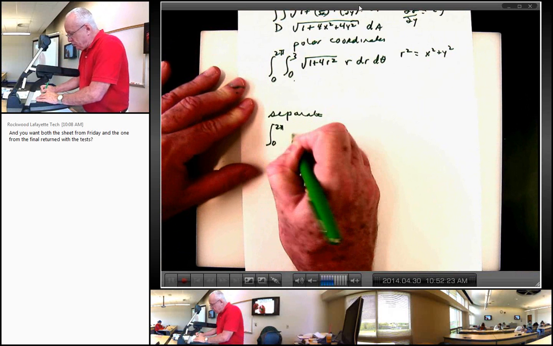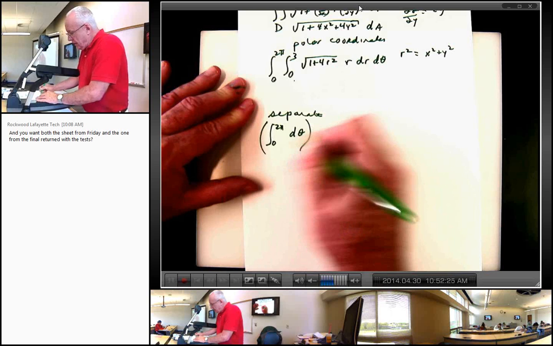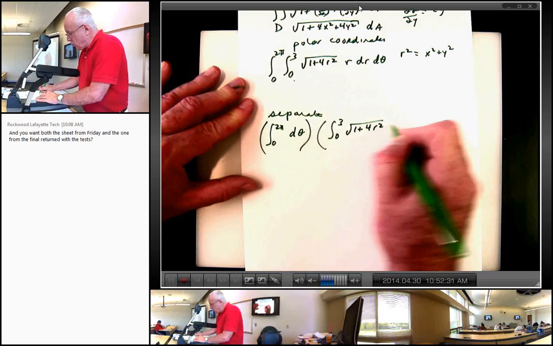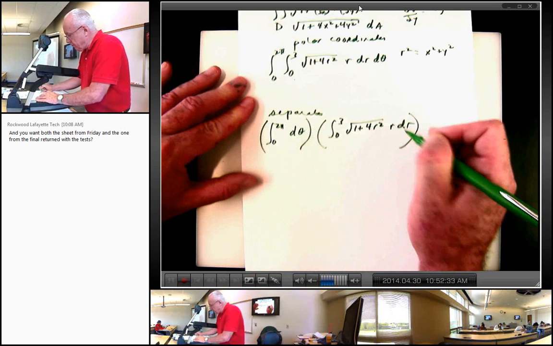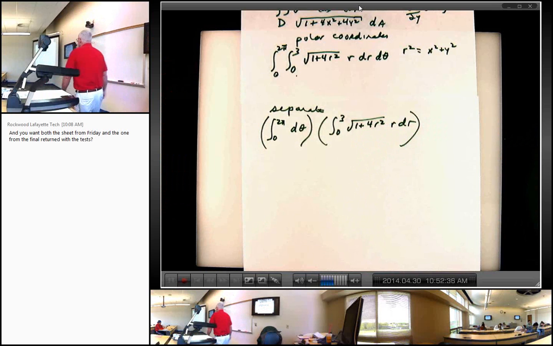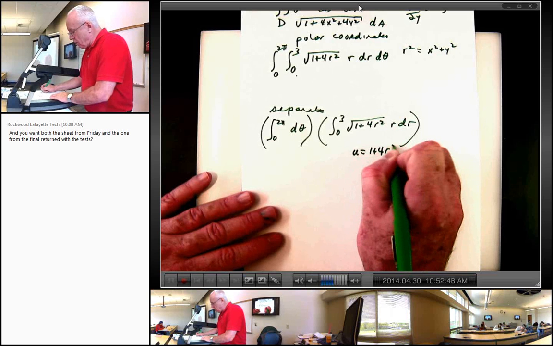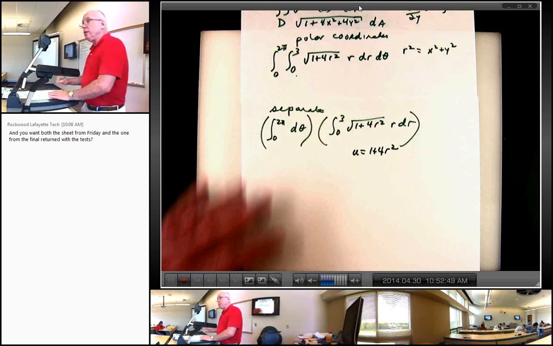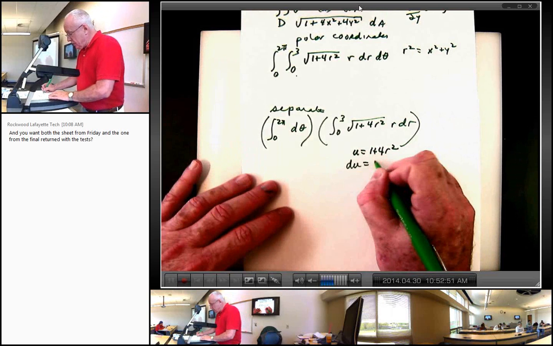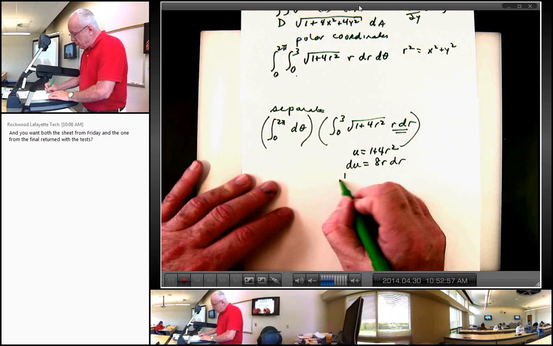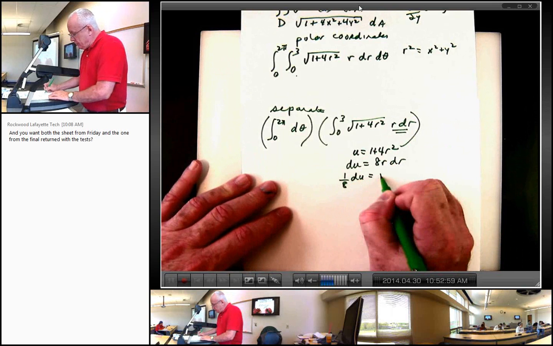So the integral from 0 to 2 pi of d theta times the integral from 0 to 3 of the square root of 1 plus 4r squared times r dr. For the second integral, I just need a standard u substitution where I let u equal 1 plus 4r squared. Then du is going to equal 8r dr, so r dr is going to be 1/8 du.